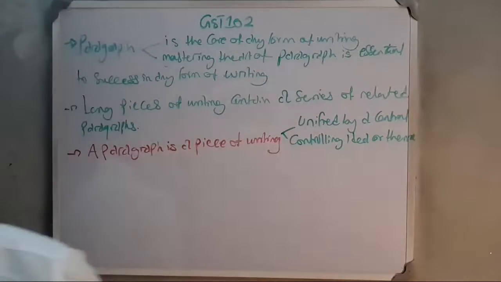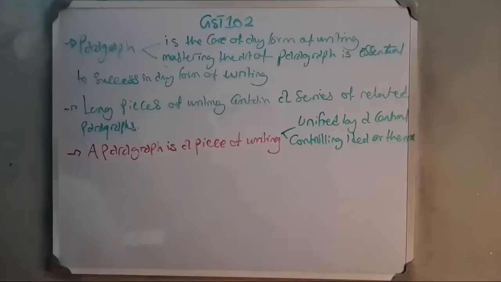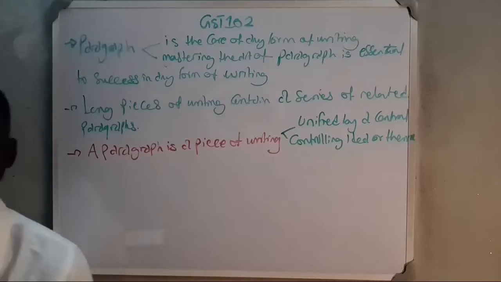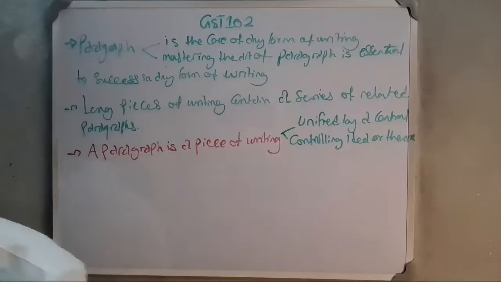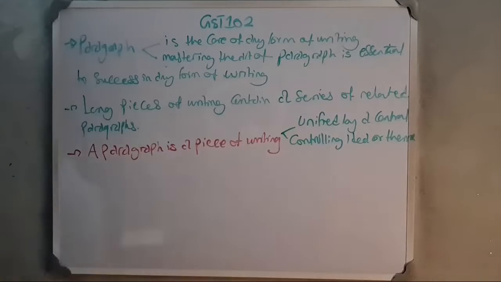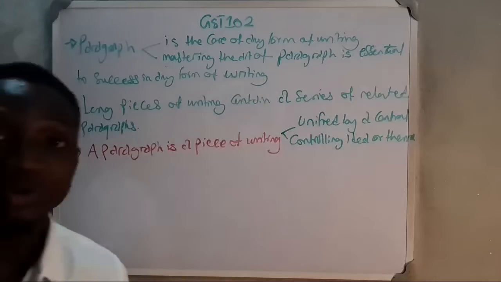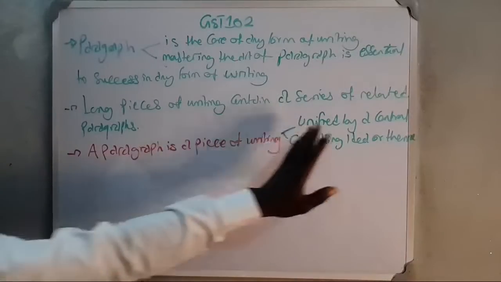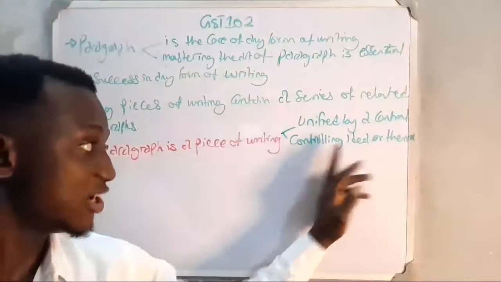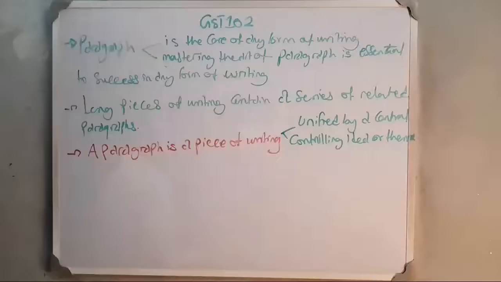Now, speaking of paragraph itself, it is that piece of writing which has a unified, central controlling idea or theme. A paragraph is a piece of writing unified by a central controlling idea or theme.